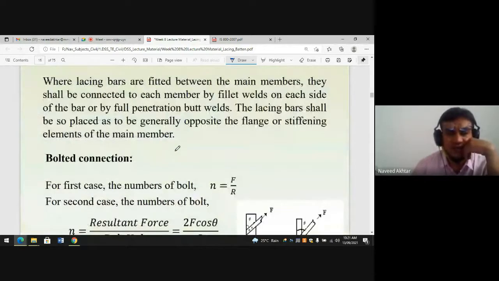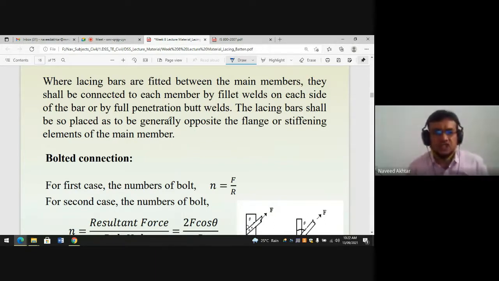Whatever leg we require, that part of the welding should be provided properly. Where lacing bars are fitted between the main members, they shall be connected to each member by fillet welds on each side of the bar or full penetration butt welds.